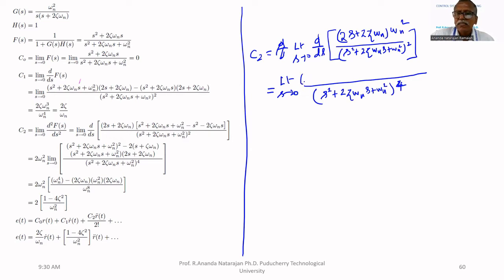So we have to write as such S square plus 2 zeta omega n s plus omega n square whole square. If you differentiate the numerator, what you will get?